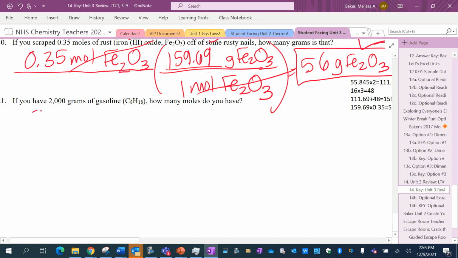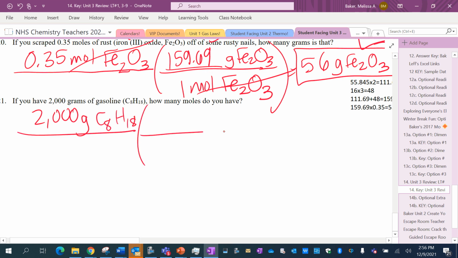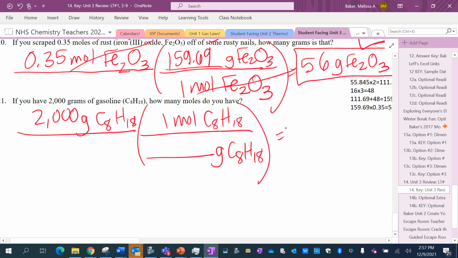Last one, if you have 2,000 grams of C8H18, how many moles do you have? Grams on the bottom, because I want that to cancel out. 1 mole C8H18 on the top. And I've got to add up the molar mass. 8 times 12.01, 18 times 1.008.